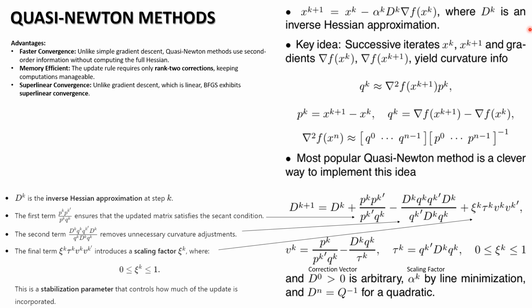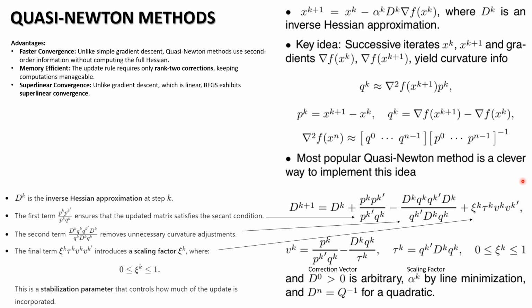The key idea of quasi-Newton methods is that the differences between successive iterates and gradients provide curvature information about the function. The curvature condition is approximated as qk equals the Hessian multiplied by pk, where pk represents the step taken from xk to xk plus 1, and qk is the difference between two gradients of the function, the change in gradient.